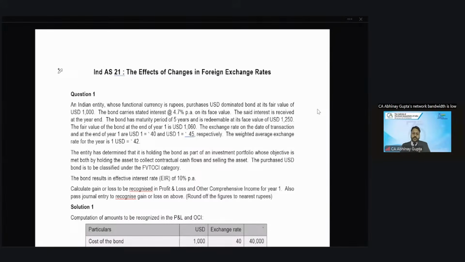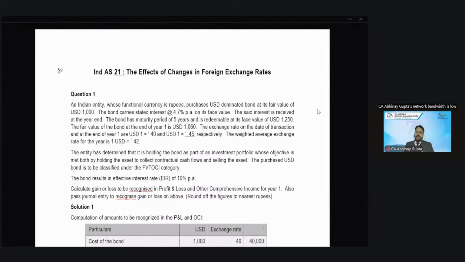So foreign currency is fine, presentation currency is fine, but the third currency is not the reporting currency. The currency is the functional currency, right? Correct? Yes, sir. Functional currency. Functional currency, foreign currency, and the presentation currency.